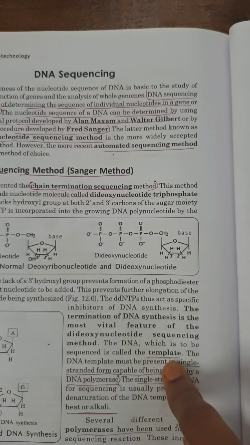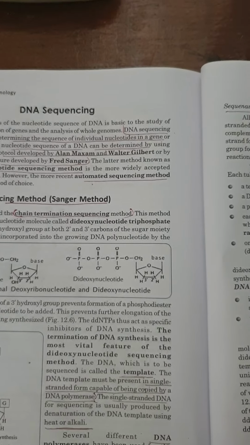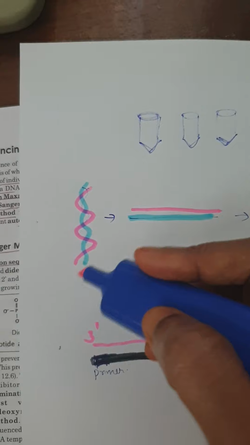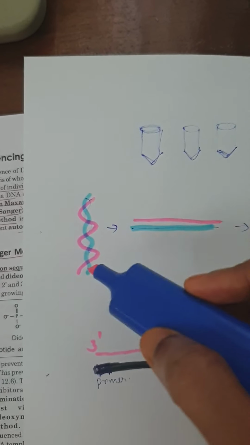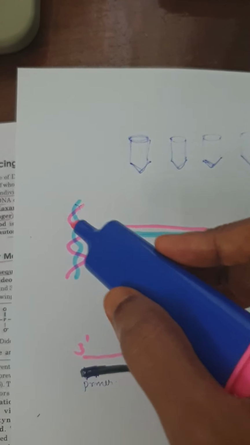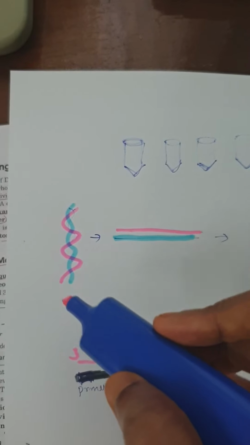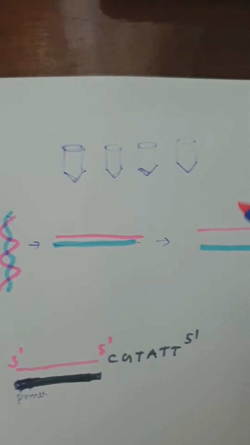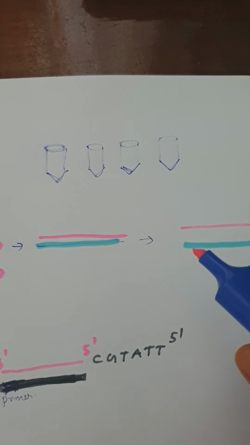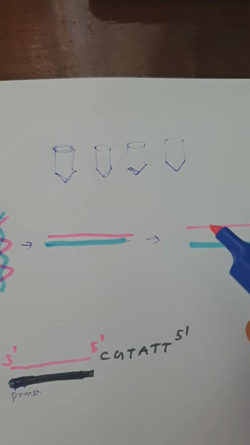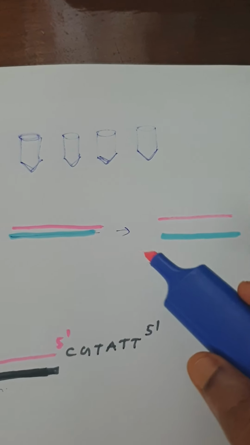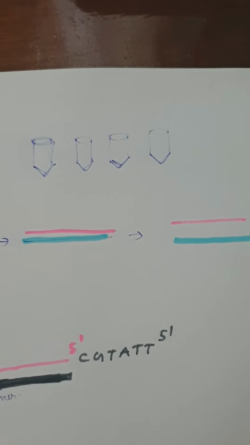We know that DNA has a double helical structure, with two polynucleotide chains. So we need to separate the strands before sequencing. What will we use?